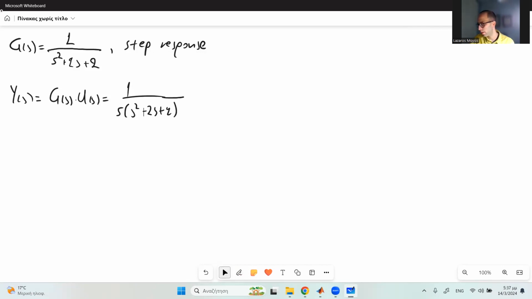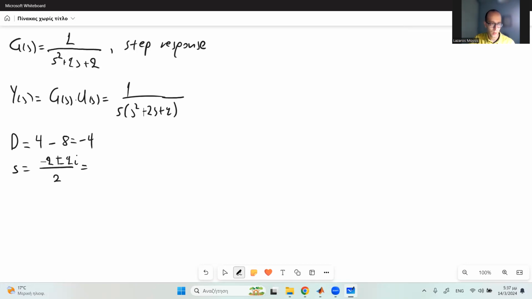Now let's find these roots. So we have d is equal to 4 minus, yes, minus 8, sorry. So it's minus 4. And then the roots are minus 2 plus minus 2 times i over 2.